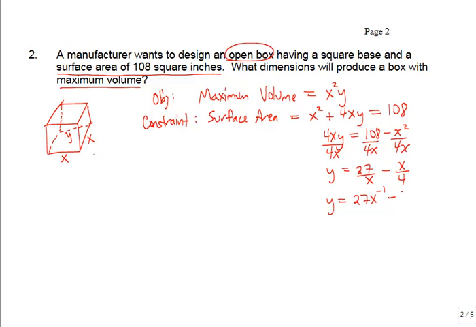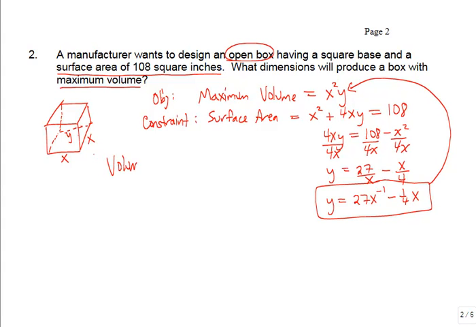That's up to you. And then this is like a 1/4 out front of our x. So there's what y equals. And now what we're going to do is substitute that in over here. So our volume equation will become x squared times 27x to the -1 minus 1/4 x. And always clean this up first.